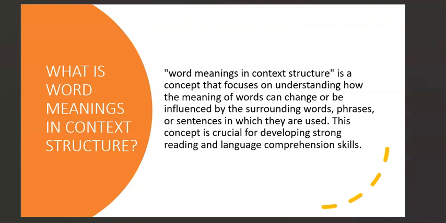So that is all we're going to be discussing in the word meanings in context structure. This concept is crucial for developing strong reading skills and language comprehension skills. Like I gave you an example where I'm talking about read, and I want you to tell me the meaning of read according to the context.